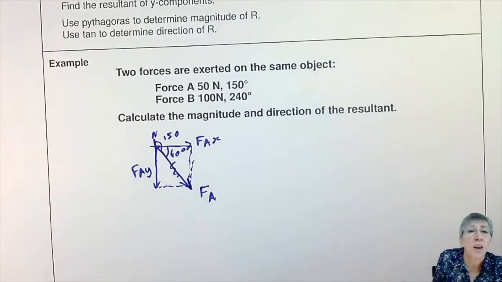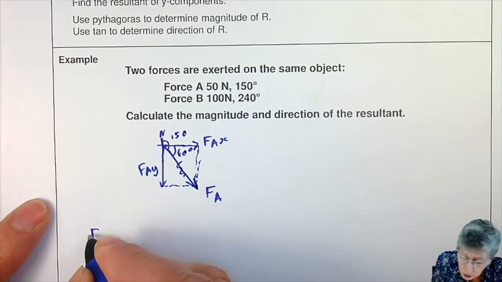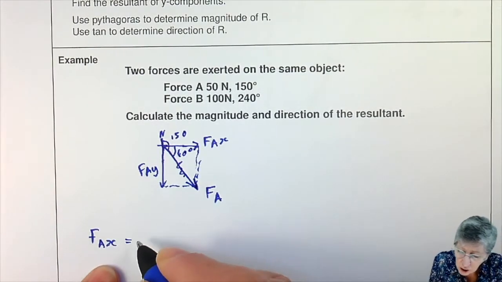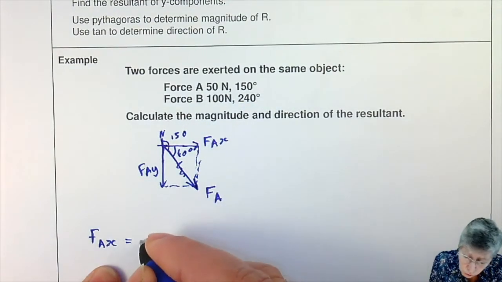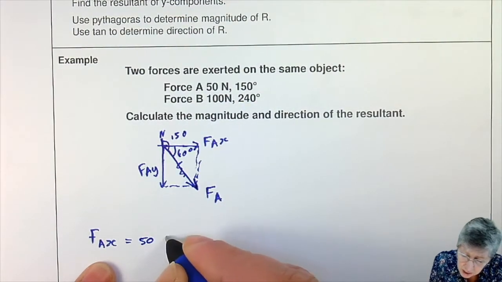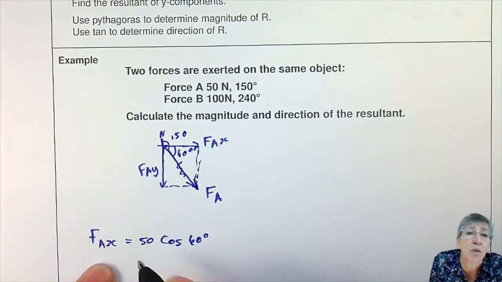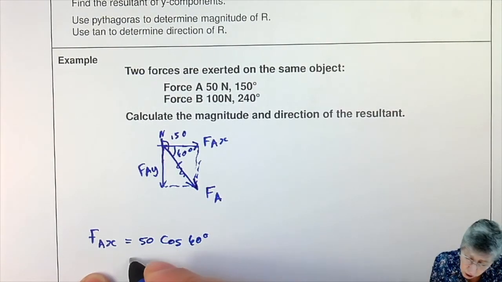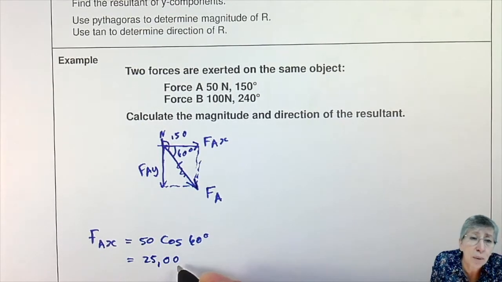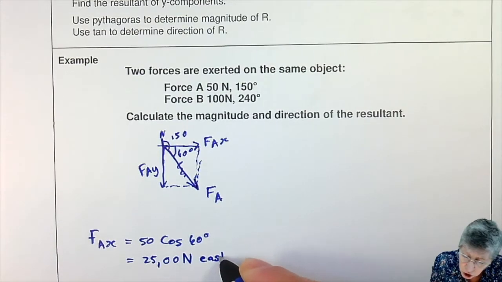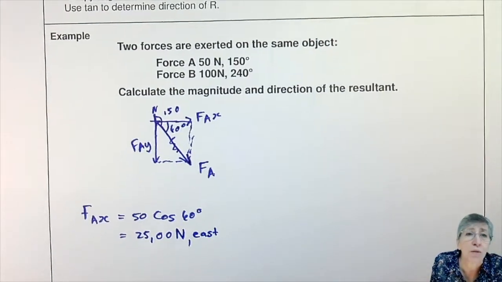So how do I work that out? Now FA in the X direction: for the X direction I'm going to use the whole force, 50, and for X I'm using cos 60. Just check that you have the angle with the horizontal. And 50 cos 60 ends up being 25, and remember you need two places after the comma, so right now start always checking that you've got two places after the comma.